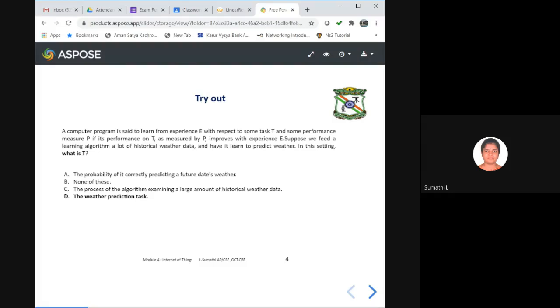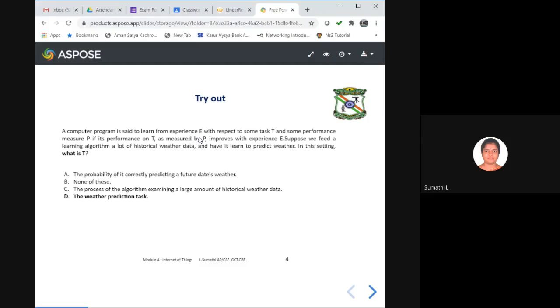I may measure it by having an intermediate assessment, or I may have some assignments and quizzes, right? And based on that, if I find some errors, I try to rectify them. So with this example, machine learning is nothing but a computer program.